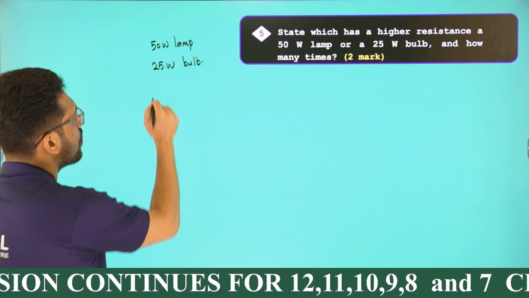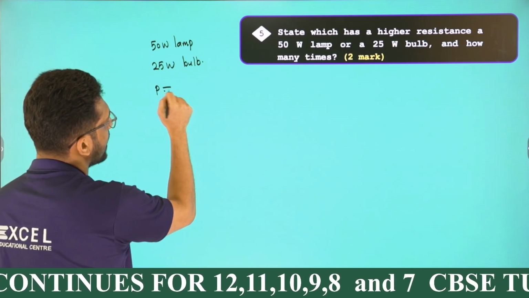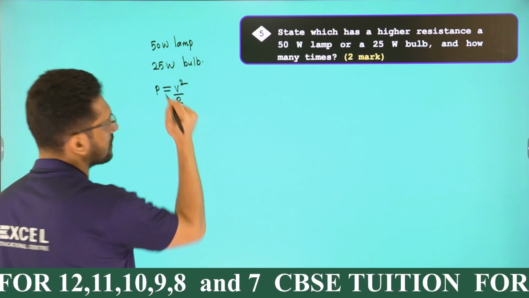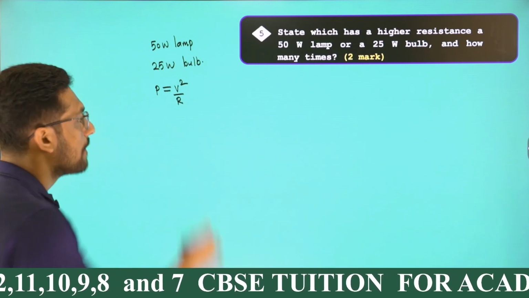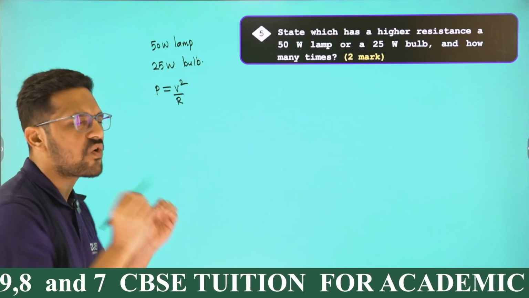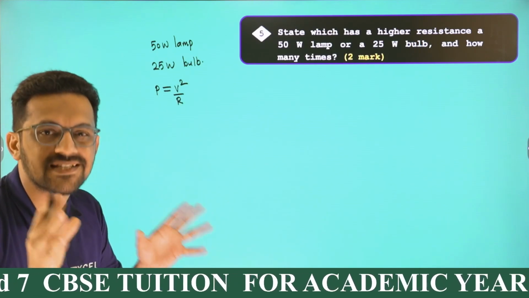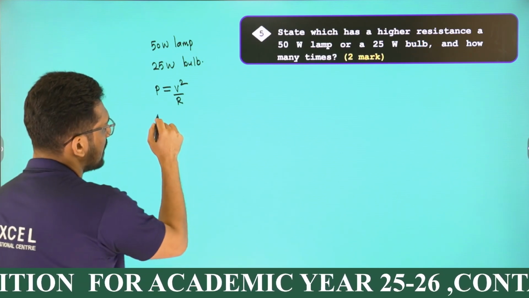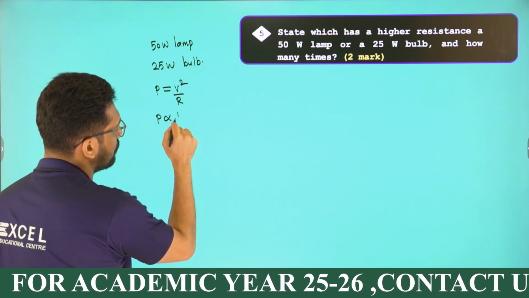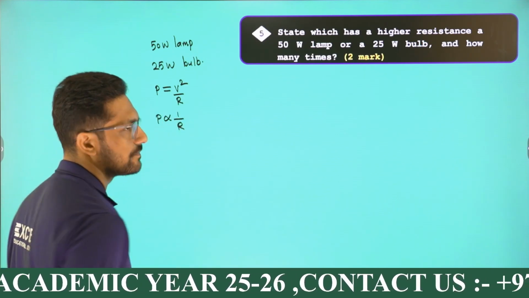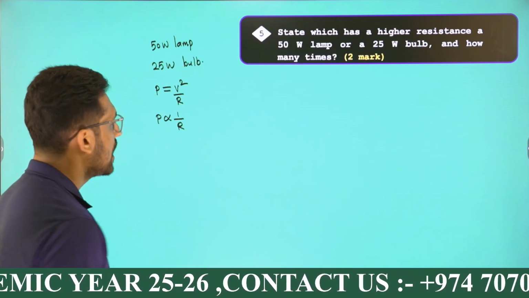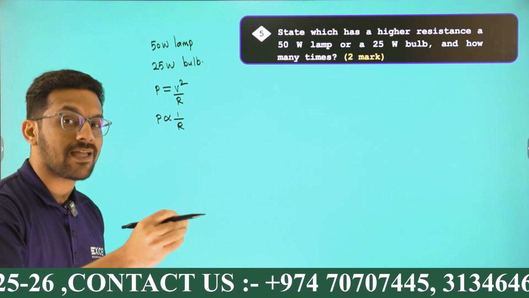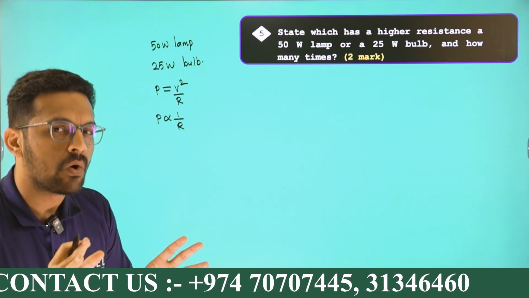Let's see that. What is the equation connecting power and resistance? That will be V square divided by R. If the voltage is same, assume voltage is same, then the equation is V square divided by R. The relation can be written as P inversely proportional to R. That means if power is high, resistance will be low.